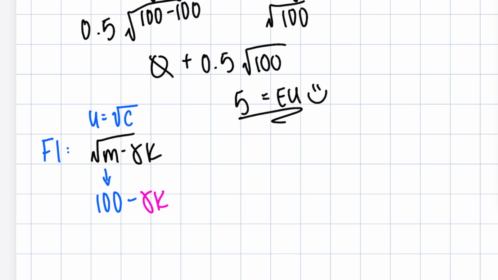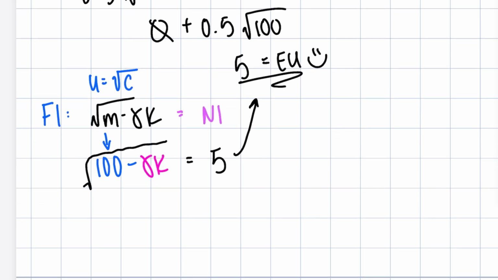And so right now we're indifferent between no insurance and full insurance by calculating our max willingness to pay for it. And so we're going to set the square root of 100 minus gamma K equal to 5, since that's our expected utility under no insurance. So we want to set the expected utility of full insurance equals no insurance.